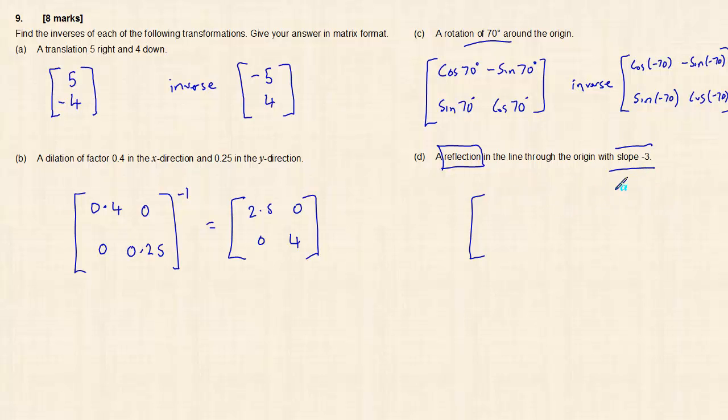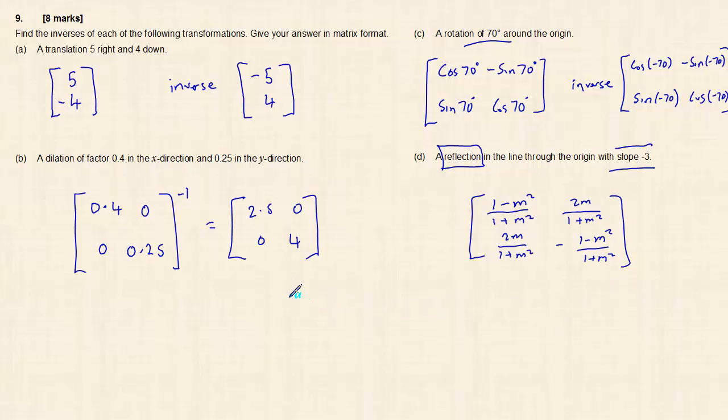I'm going to do it with the m formula, which I know is 1 minus m squared over 1 plus m squared, 2m over 1 plus m squared, 2m over 1 plus m squared, and negative 1 minus m squared over 1 plus m squared.